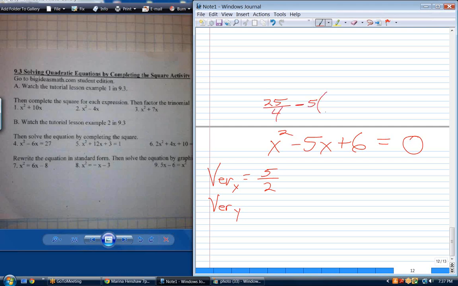Minus 5 times 5 halves plus 6. So let's do this. That's 25 fourths minus 25 halves plus 6. Now how do I handle this? Do 25 over 4 minus 25 halves.